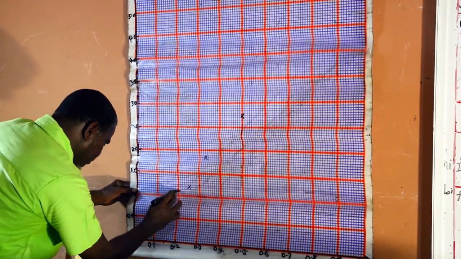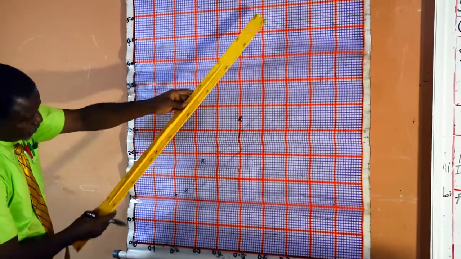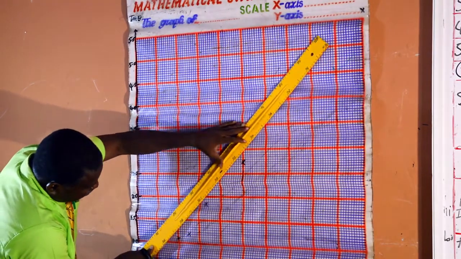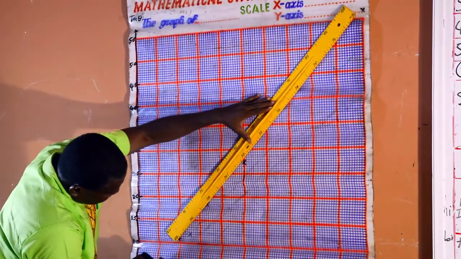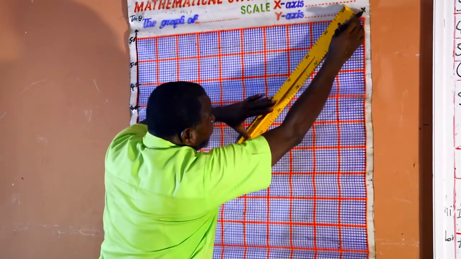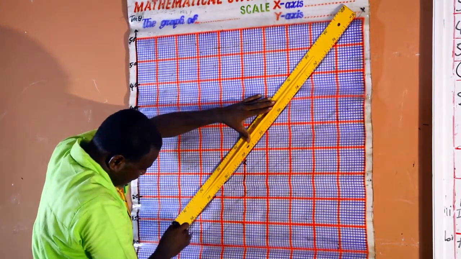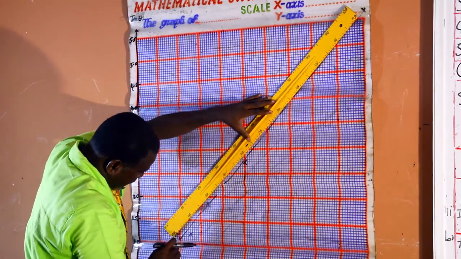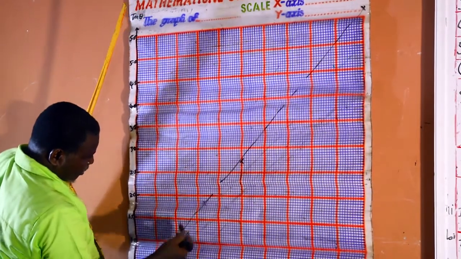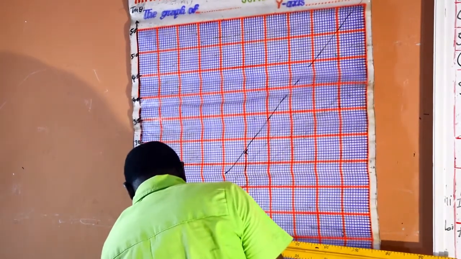This is the graph. We are now going to join them together. It's called 4 lines.